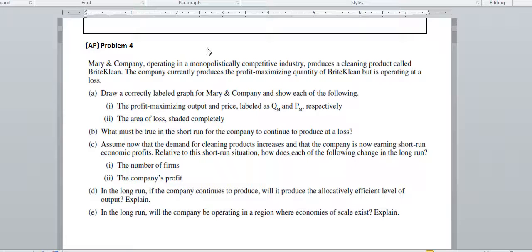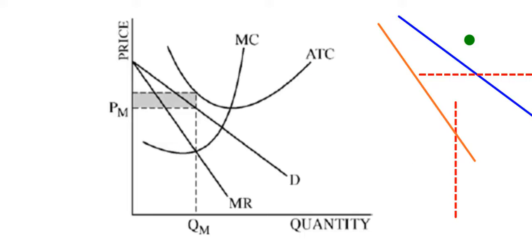So let's look at what this graph should look like. I've got it right here. You can see that we've got our demand curve. We've got our steeper sloping marginal revenue curve. And we have the quantity produced where marginal cost equals marginal revenue.